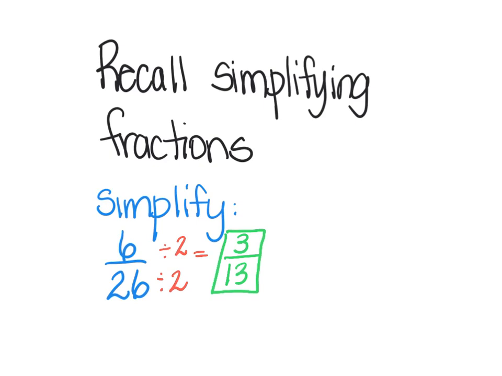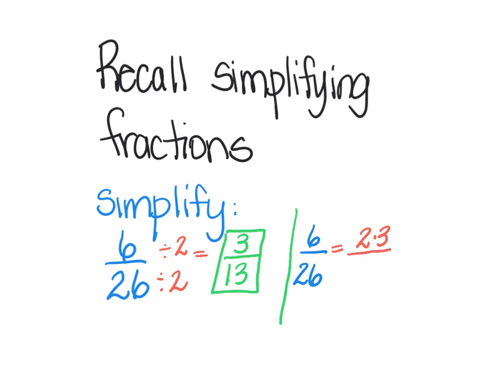Well, another way to look at simplifying this fraction, and this is how we're going to look at these fancy fractions, is that we're going to factor the numerator and the denominator, and then go from there. So if I rewrite this problem, 6 over 26, and I ask myself, how would I factor 6? Well, 6 is really 2 times 3 when you multiply them together.